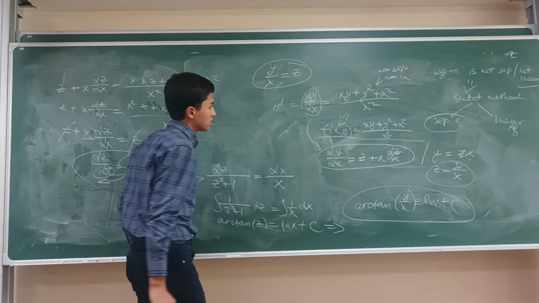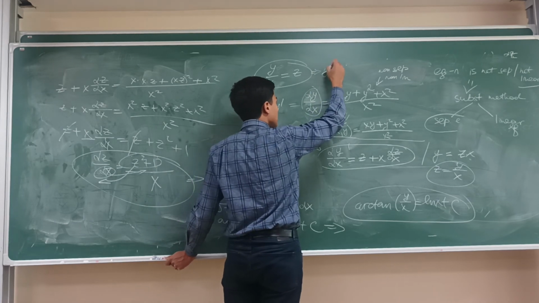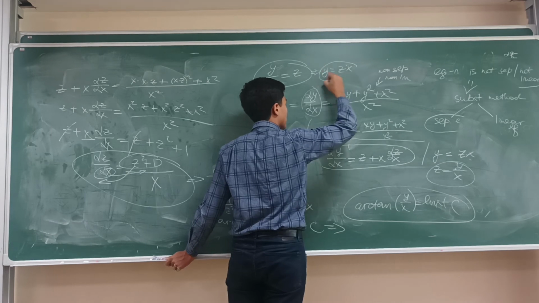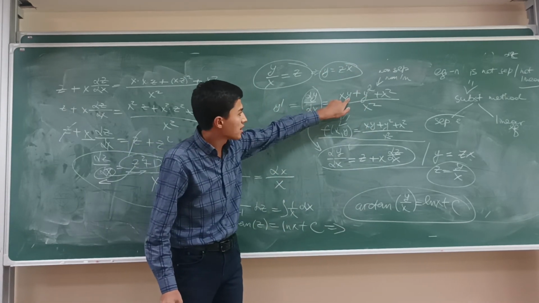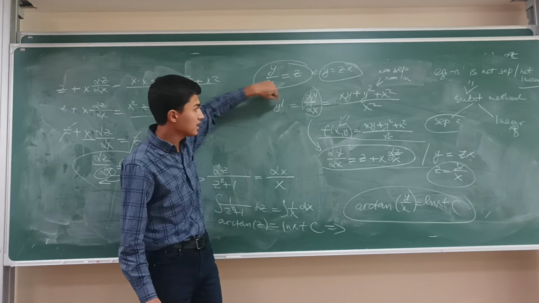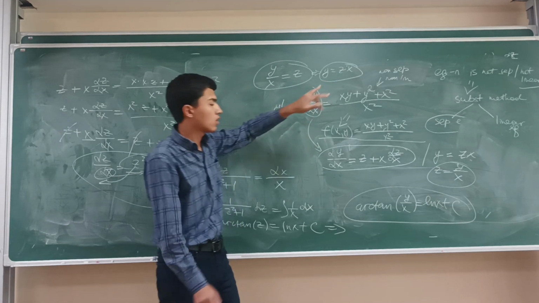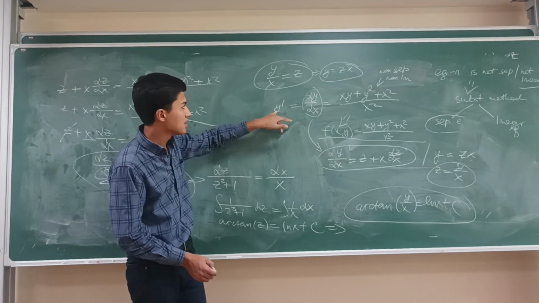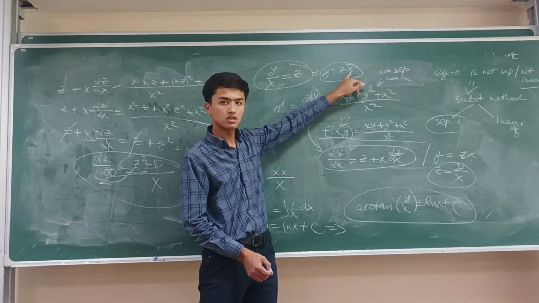Out of this, you derive a new expression for y. y is going to be z multiplied by x. But here we have not only y, we also have y prime. So we have to find the expression of y prime, defined using z and x.